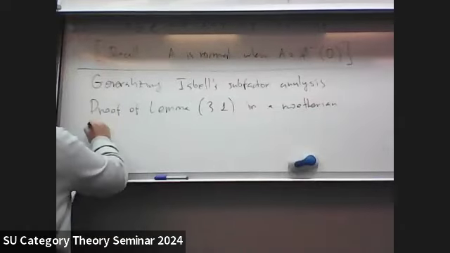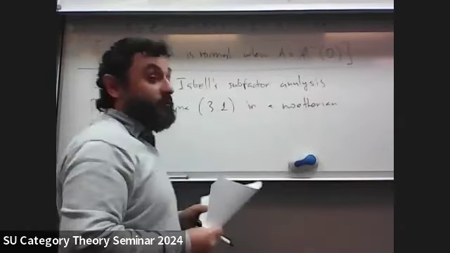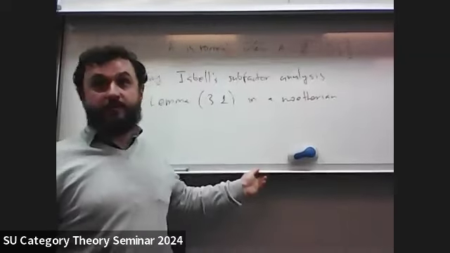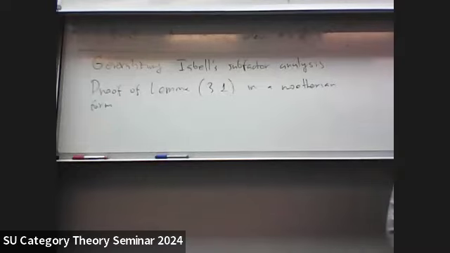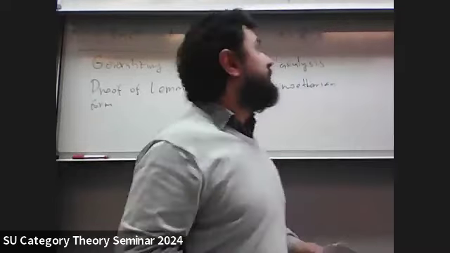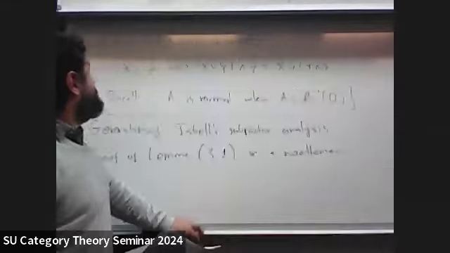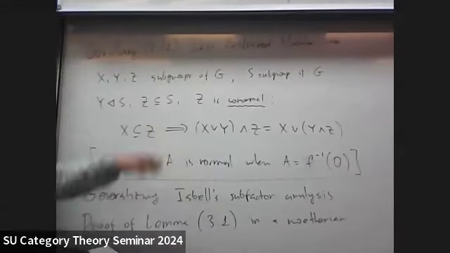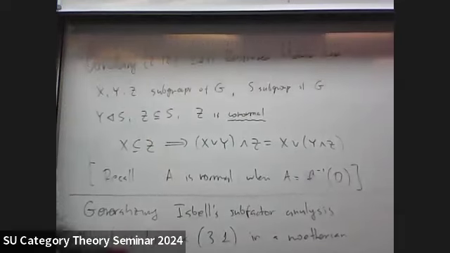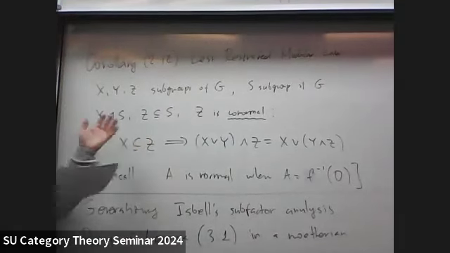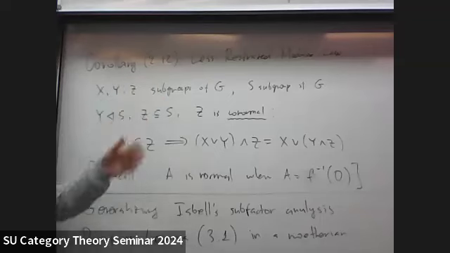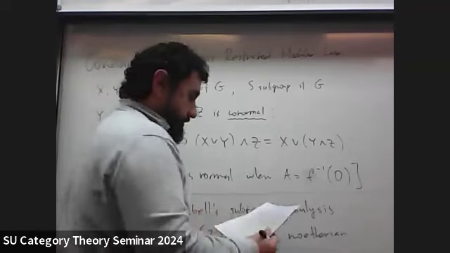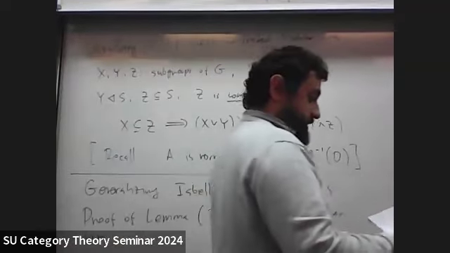Isbell himself proves the lemma for groups using elements of groups in most cases. And sometimes it's a challenge to know how to translate the element-based proof to a categorical proof. And it turns out that this corollary 2.12 was the main discovery we needed, the main realization we needed to make, that we actually need this thing, and after that, the proof becomes very straightforward. Okay, so here is the proof of the lemma.